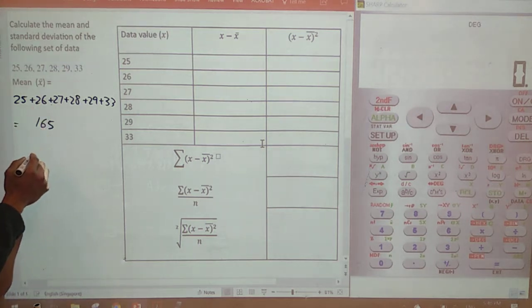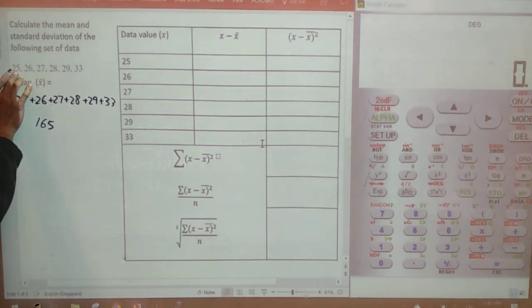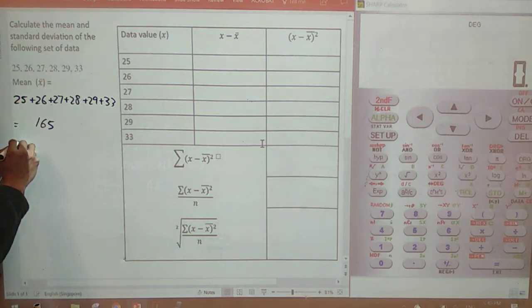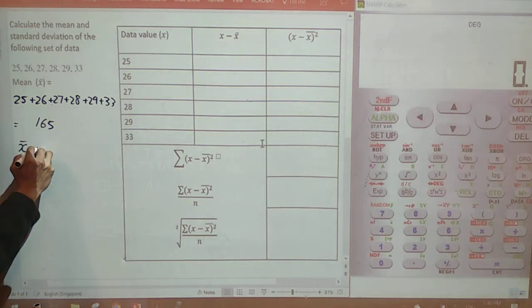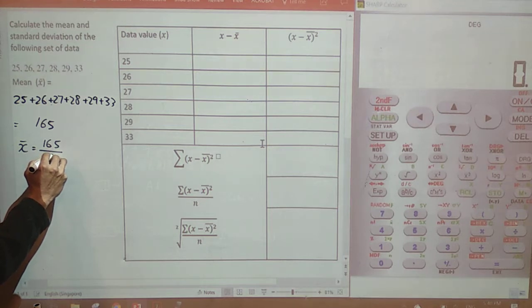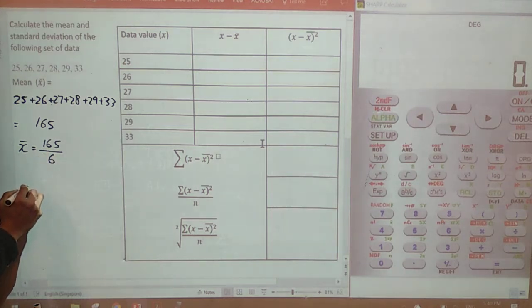If we divide 165 by the total number of data items, 1, 2, 3, 4, 5, 6, the mean would be equal to 165 divided by 6.